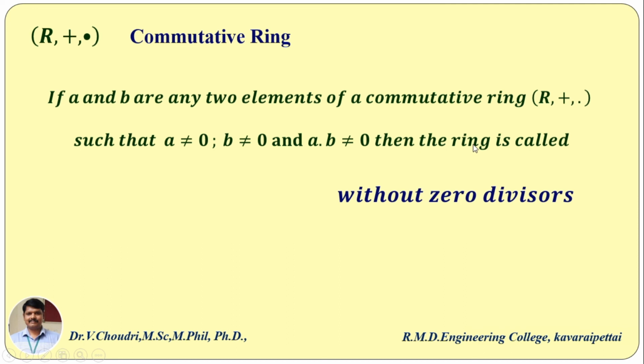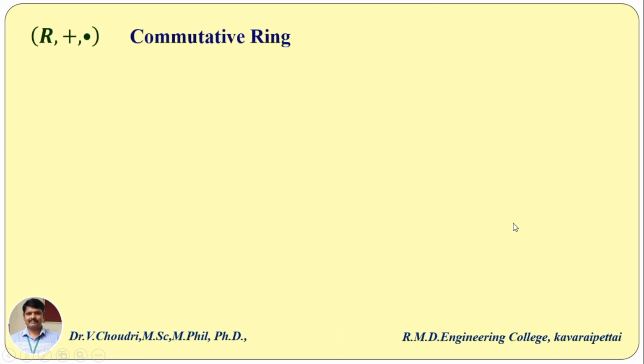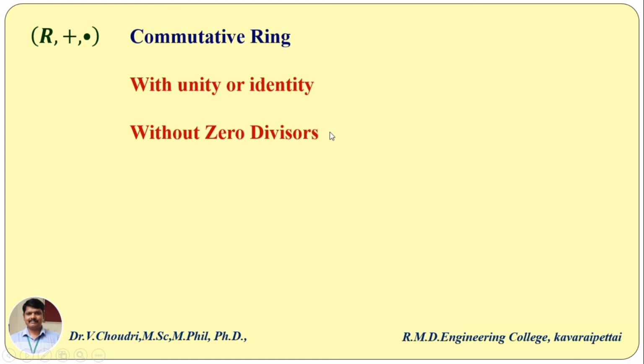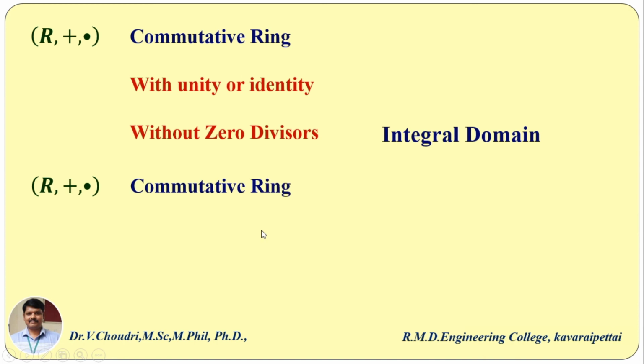A · B not equal to 0: without zero divisors. Now we are taking the commutative ring with unity or identity, without zero divisors, which is called an integral domain. Clear? An integral domain is a commutative ring with unity without zero divisors.